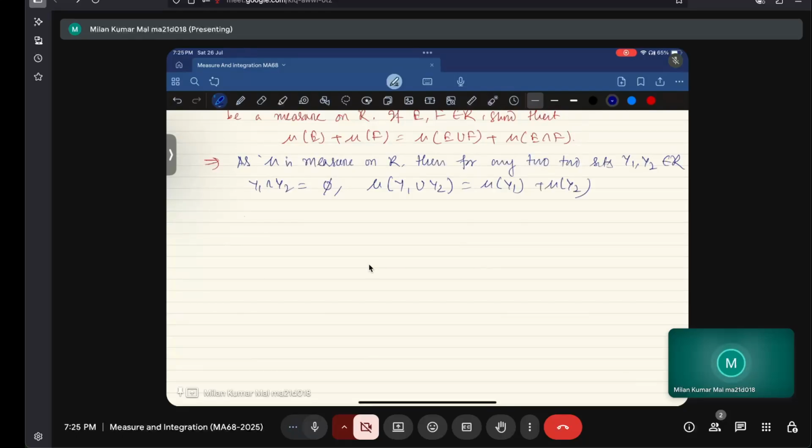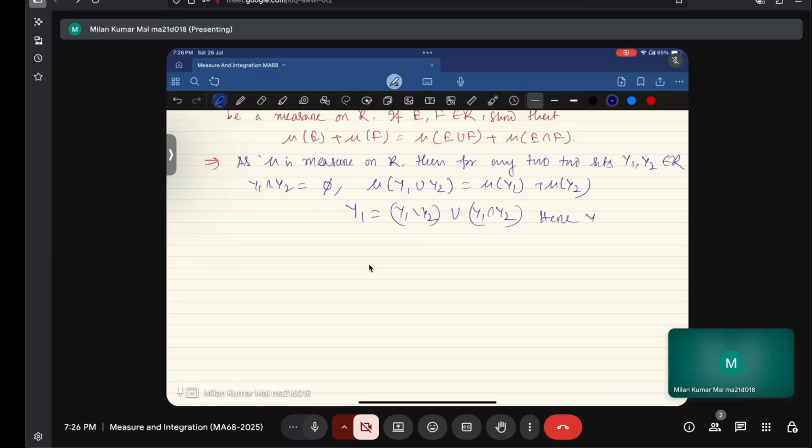Now one can write E union F in this way. Also, for any sets, one can write y1 equals y1 minus y2 union y1 intersection y2.